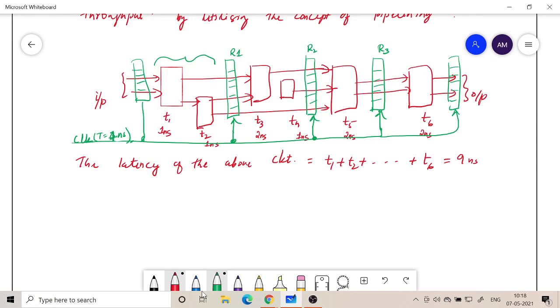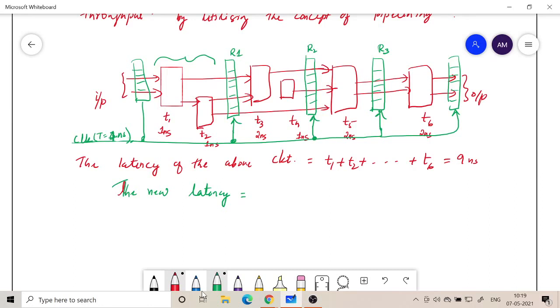So all of these are going to be operated with the same clock, which is running at 4 nanoseconds. Now, if you look carefully at the latency, that means after an input is given, when the output is available at the final stage, the new latency, with the synchronous components inserted into the circuit, is basically what?